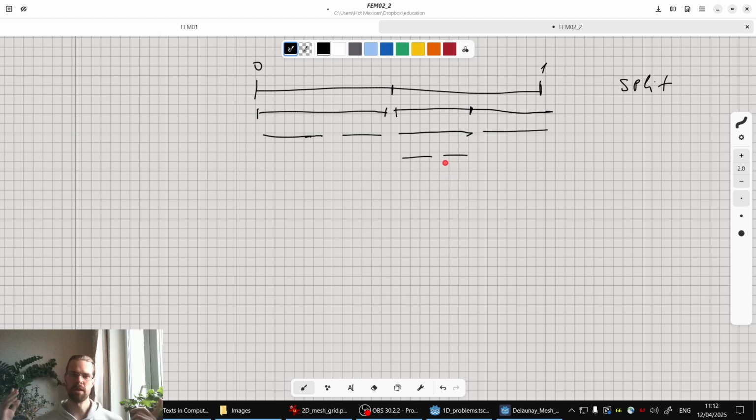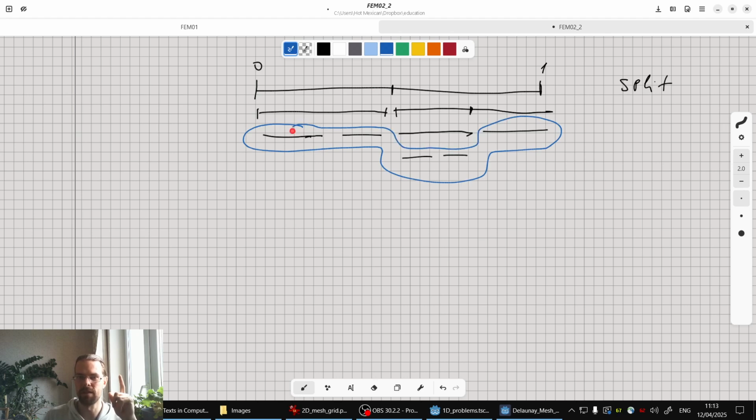And for example, there's some third point. Again, I should ask which active element it is part of. So in one sense, I have to evaluate all these latest elements, which represent the latest state of this mesh, and then go through them. For example, the point should be here.